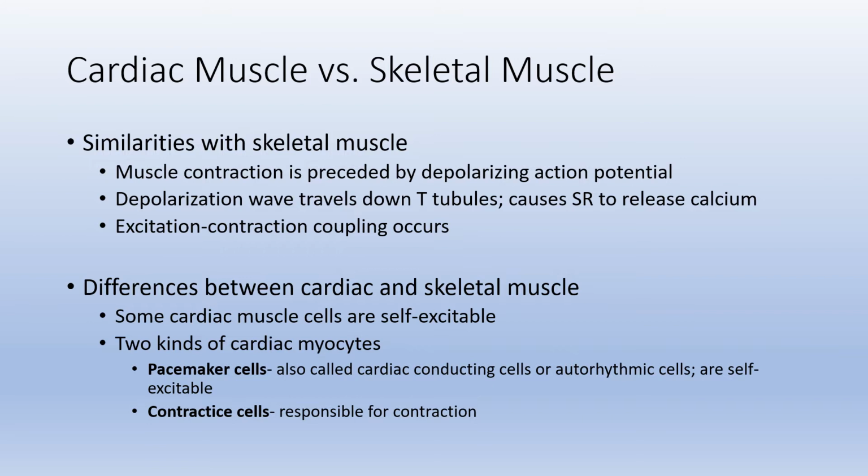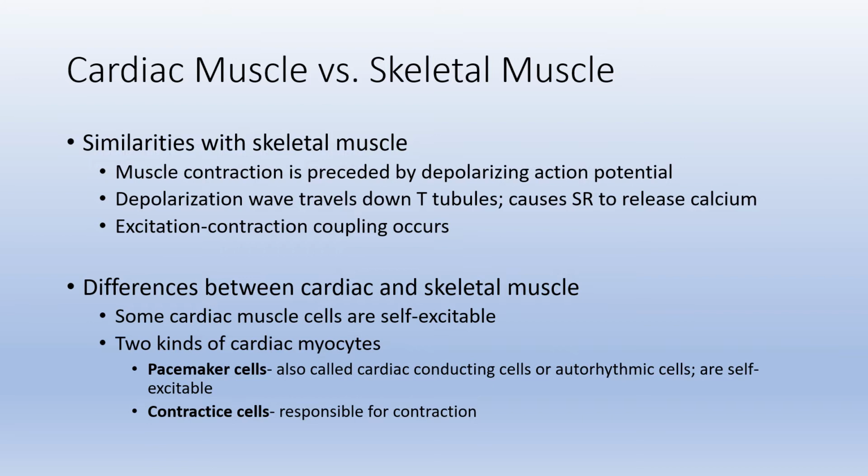From there, we still have depolarization. Remember that wave of impulse that's going to dive down the T-tubules and stimulate the release of calcium from the sarcoplasmic reticulum. From there, we still have troponin, we have tropomyosin, and we see the sliding filaments, actin and myosin.